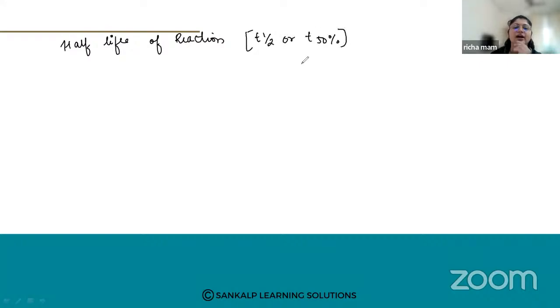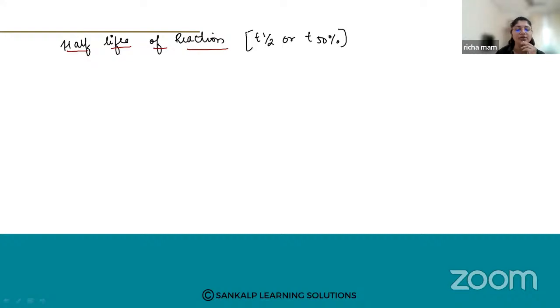What is the half-life of a reaction? That is T half or T 50%. What is the meaning of half-life? The half-life of a reaction is the time in which the concentration of the reactant is reduced to half of its initial concentration.